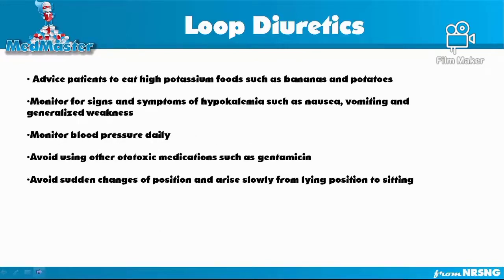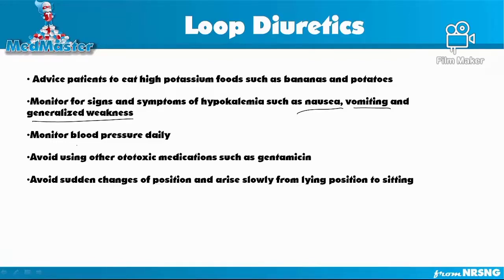So what we have to teach the patient, and what are the nursing considerations. First of all, tell the patient to eat high potassium foods because it causes hypokalemia, such as bananas, potatoes, or other high potassium containing foods. Tell them to monitor for signs and symptoms of hypokalemia, such as nausea, vomiting, and generalized weakness as well.